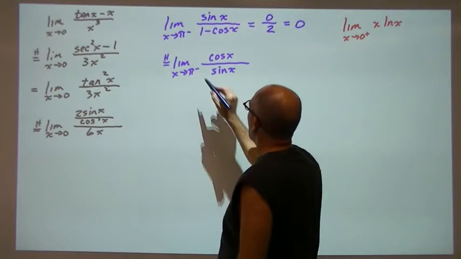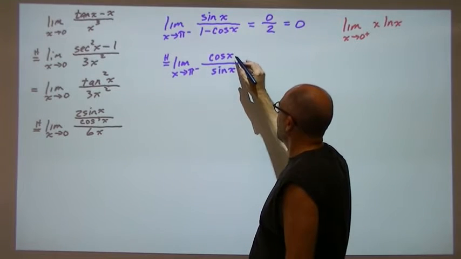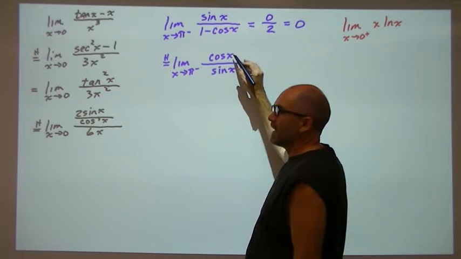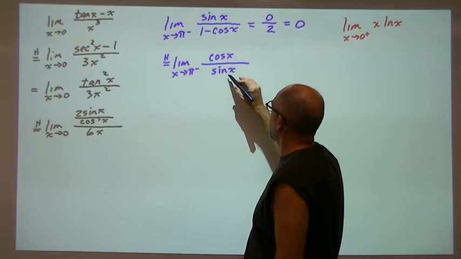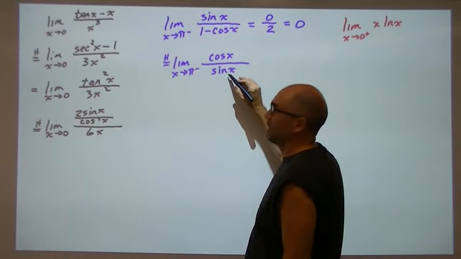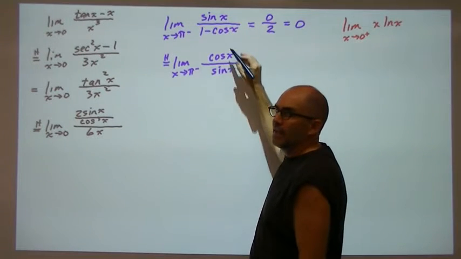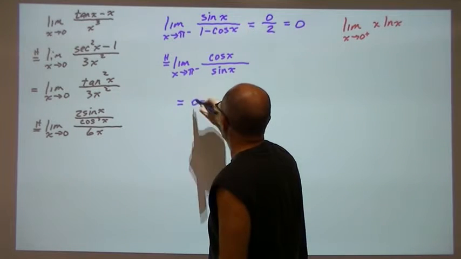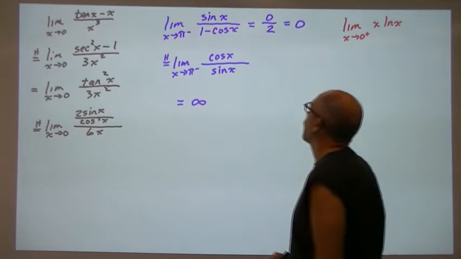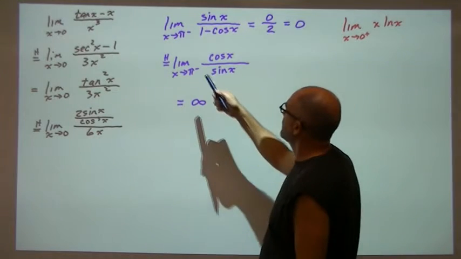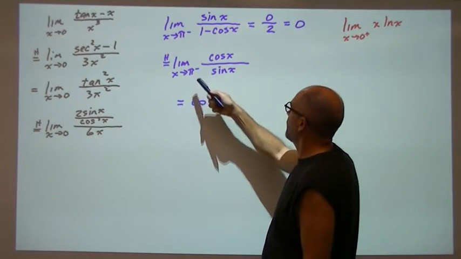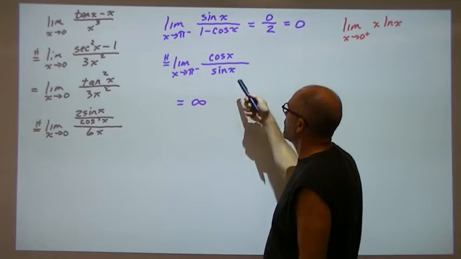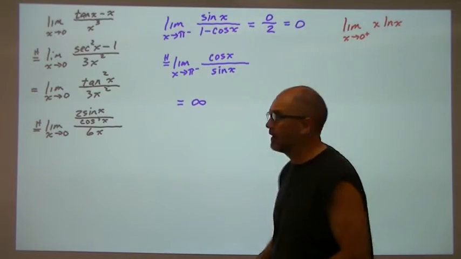And now when we plug in pi from the negative side, we have negative 1 over 0. Negative 1 over 0, that would be infinity. Or if I went, the limit as x approaches pi from the negative side of cotangent, that would be infinity.